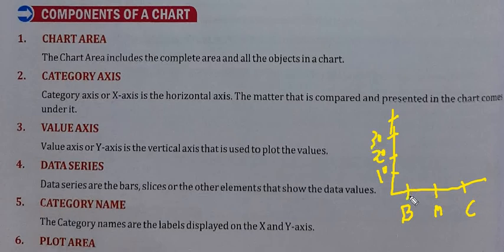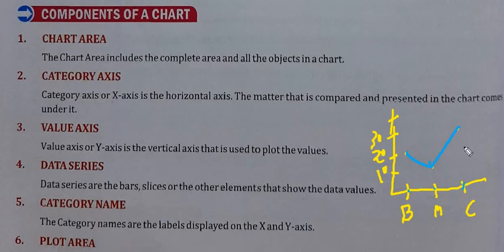Now in the month of June, suppose biscuit selling is 20 packets, mixture selling is 10 packets, and chocolate selling is 30 packets.